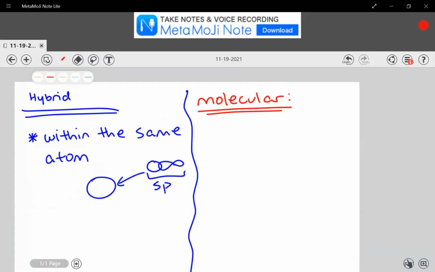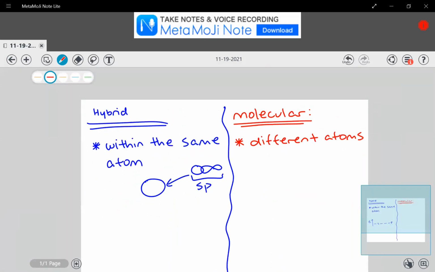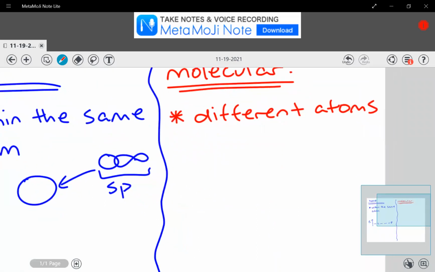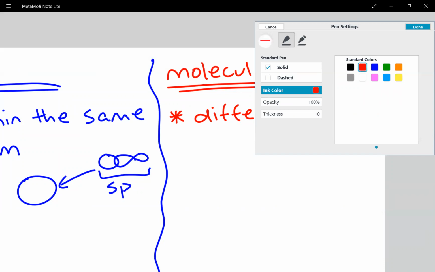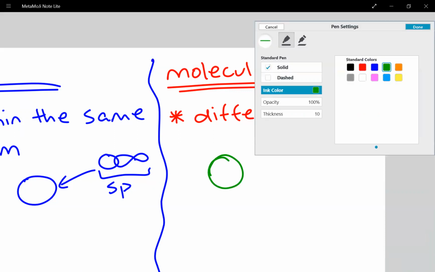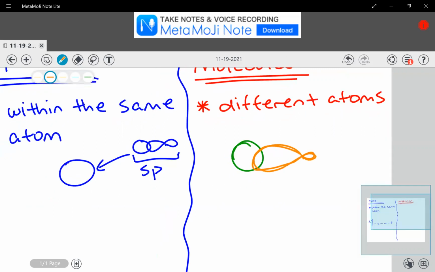Molecular, on the other hand, happens between two different atoms. So basically, let's say we have our first atom, which I'll draw in green here. Let's say it's got an sp orbital sticking out. Our other atom maybe has a p orbital sticking out or something like that.